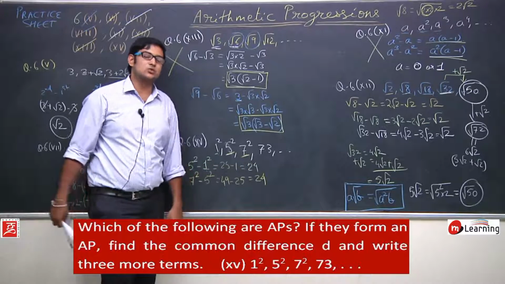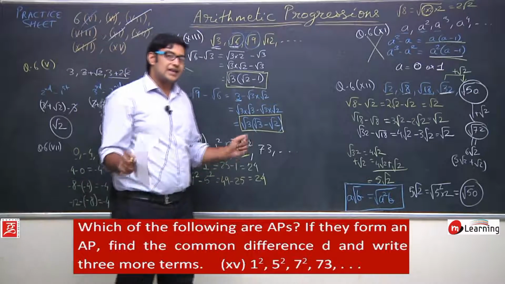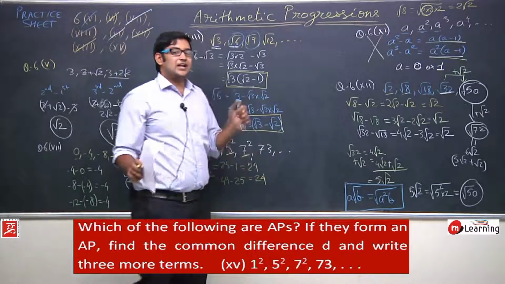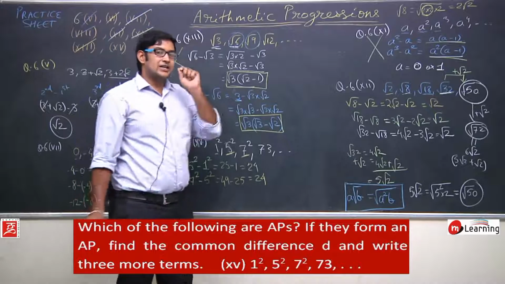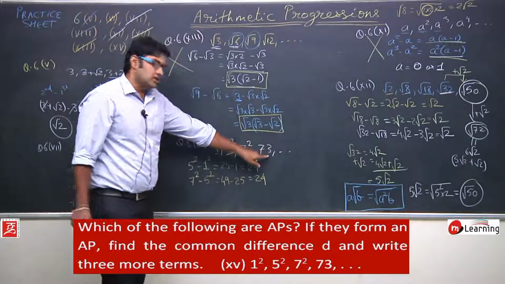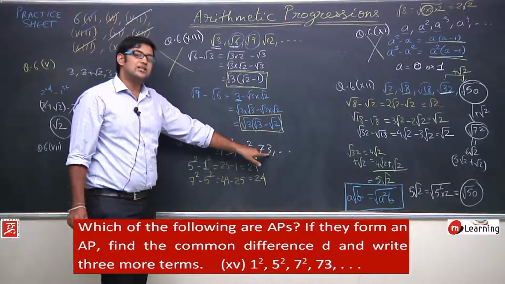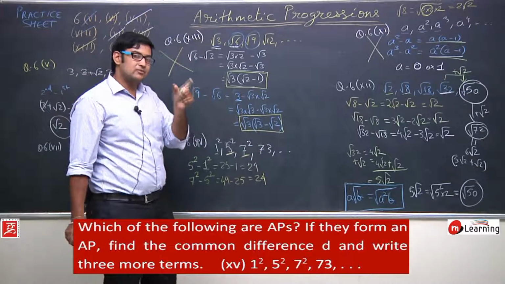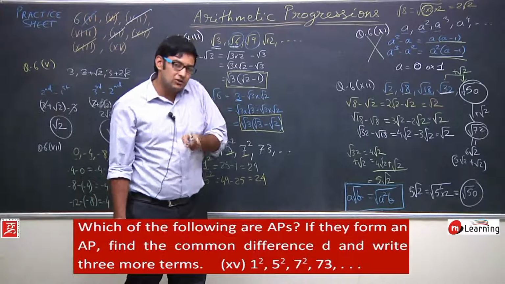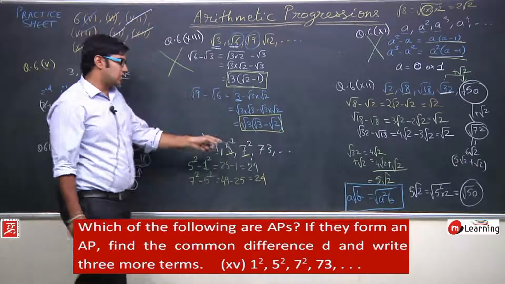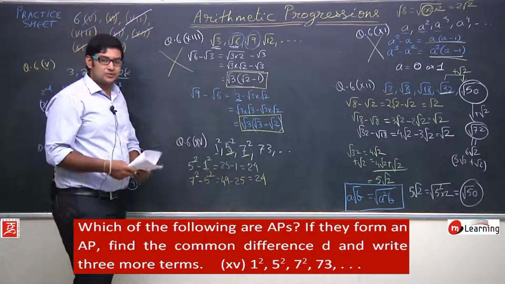Can I say that? No. I cannot confirm that this is an arithmetic progression till I have checked this term also. I need to check up to this fourth term or the number of terms given in the sequence. Then only I can confirm this particular sequence form an arithmetic progression.